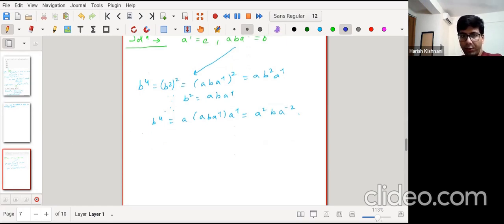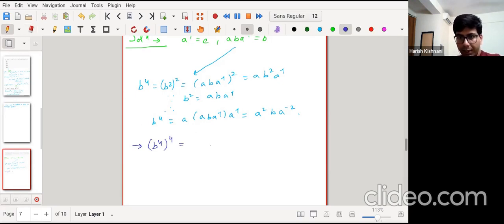Or simply, now if you have the value for b^4, you can take its eighth power probably, or fourth power. Yes, fourth power will be good. You have the value for b^4, right?